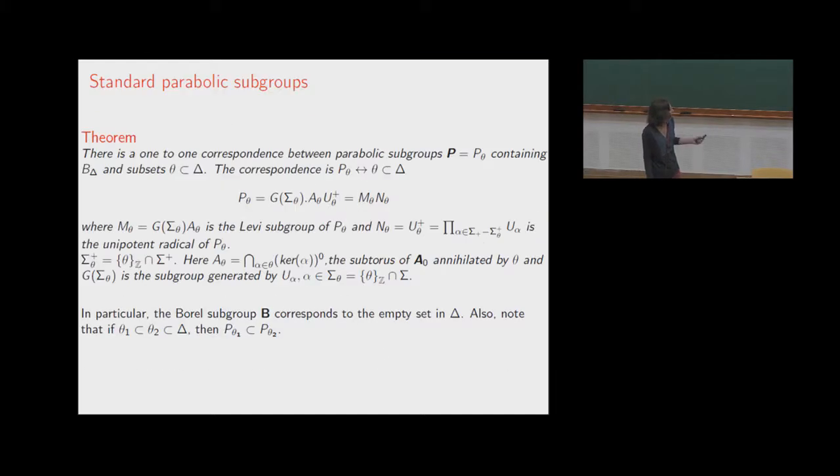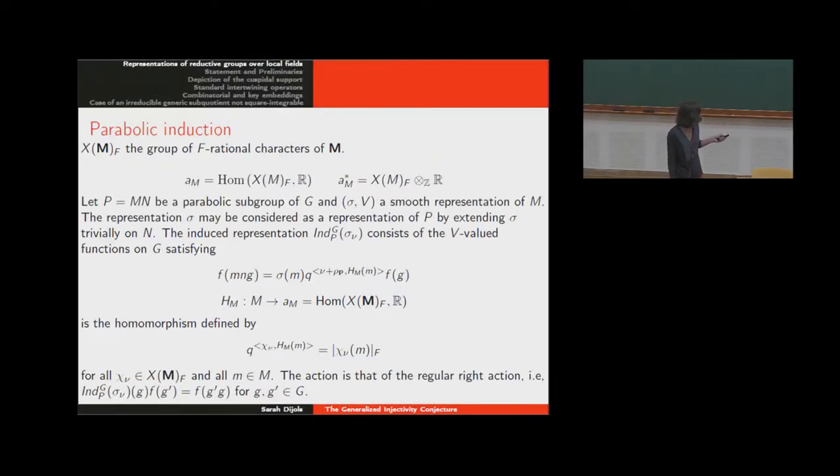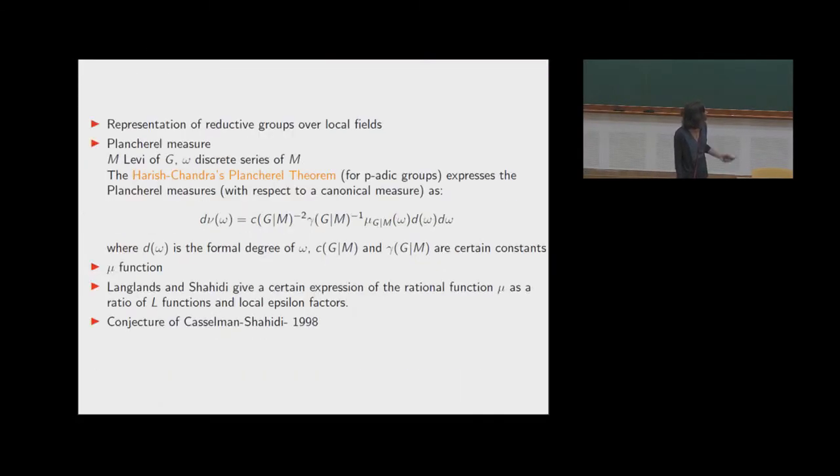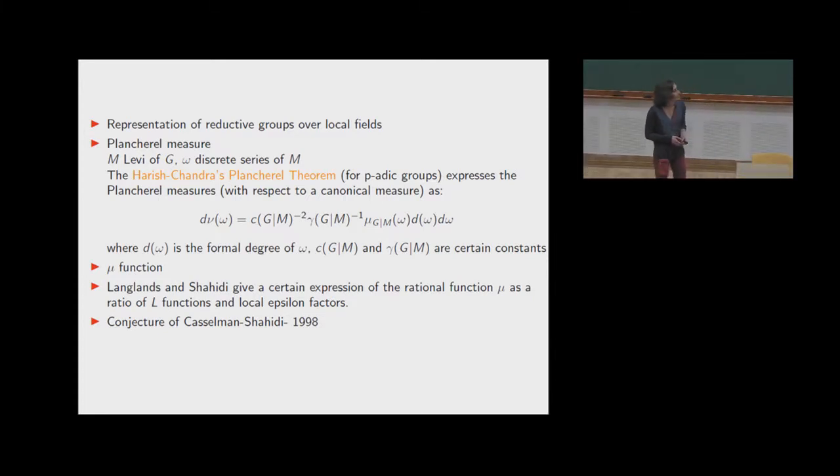So this conjecture is a problem in the representation of reductive groups over local fields. But its motivation is in the theory of L-functions, and particularly the interpretation of Langlands-Shahidi of L-functions.